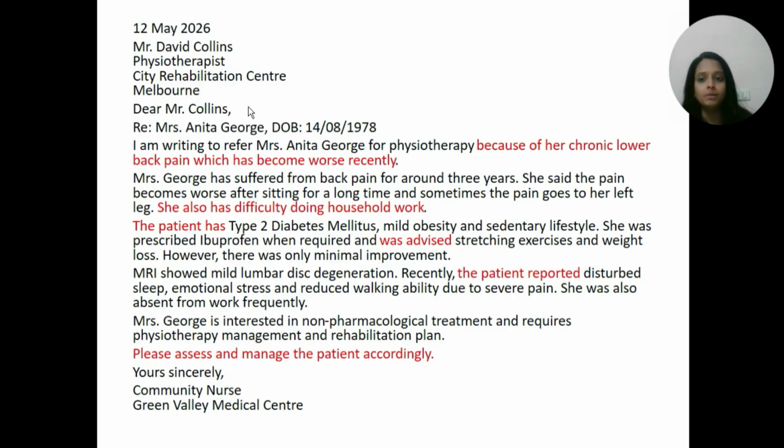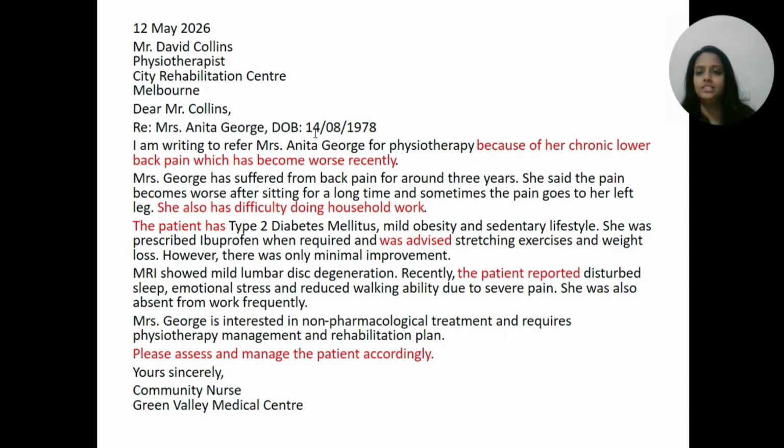And the second problem is information is reported, not prioritized. You can identify the difference between the reporting and prioritization, right? You can look here. She also has difficulty doing household work. This is okay, but this sounds weak. A higher level response explains why this matters clinically.